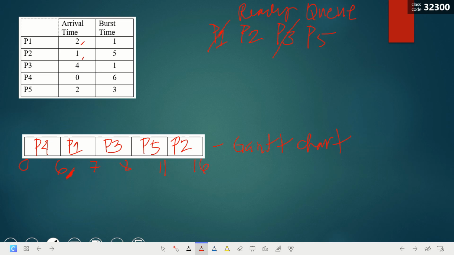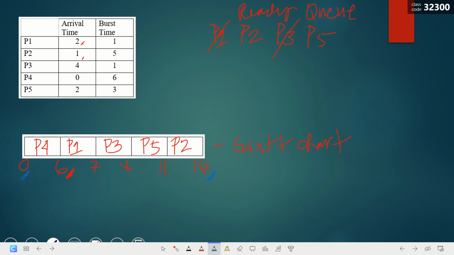Now, P1 is already terminated up to P3, P2, and up to P5. So, is there any time when the CPU was idle? So, no. From 0 to 16, every time the CPU was busy doing the processing.